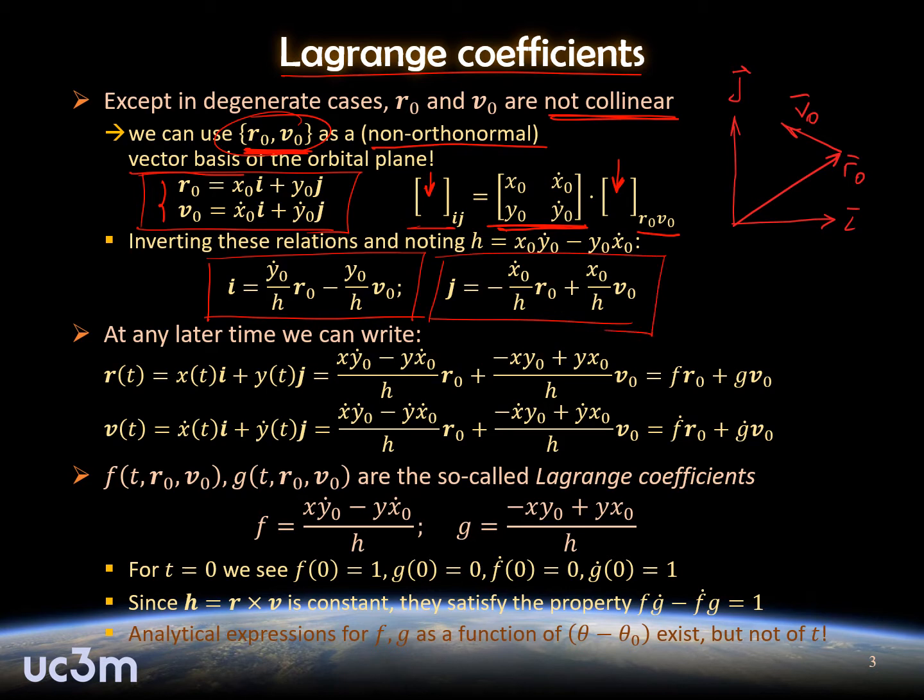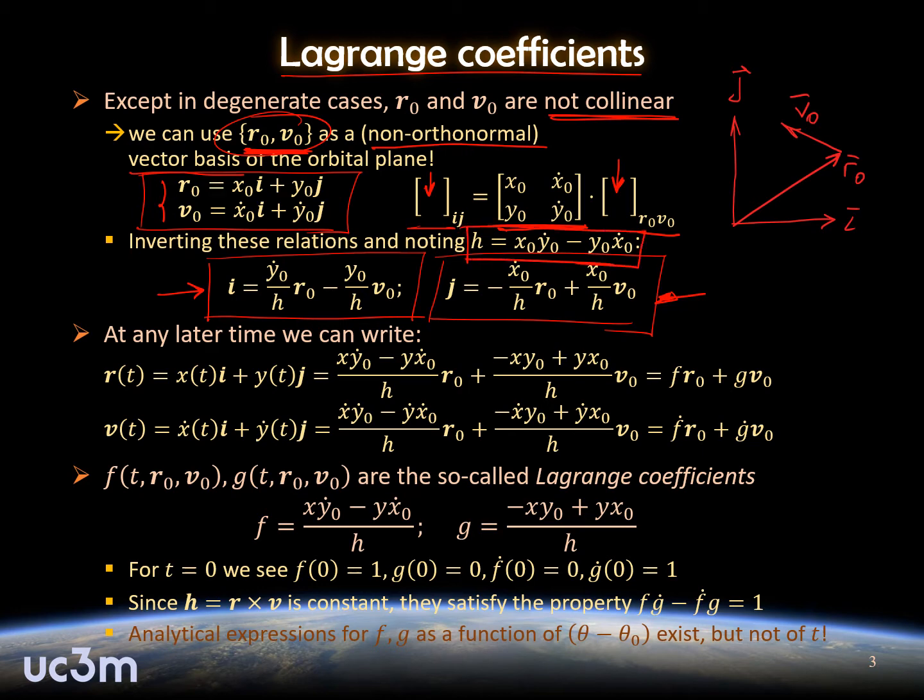So this is a very straightforward way of determining the direction of the pericenter given the initial conditions, and also the other unit vector that we use in the perifocal reference frame. Now here we have used that h, which is the magnitude of the angular momentum, can be expressed in this manner.